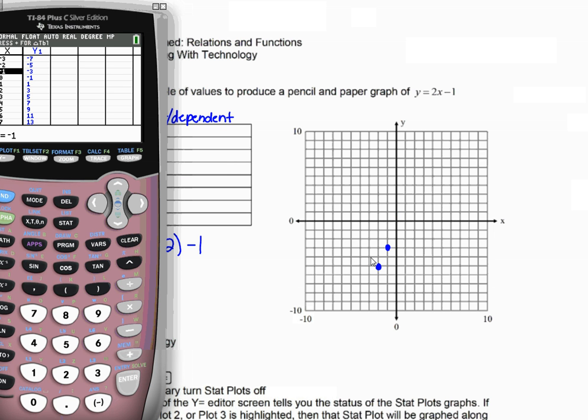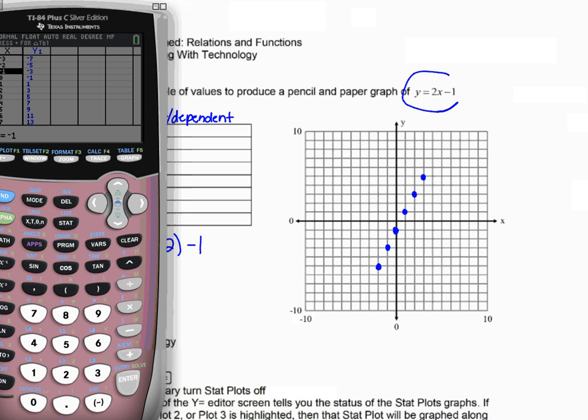I put it at +1. It's at -1. Next was 1. Y is 1. So 1 over, 1 up. 2, 3. So 2 right, 3 up. And then 4, 3, and 5. We can keep going if we want. Now, if this is an equation, do we connect these points?